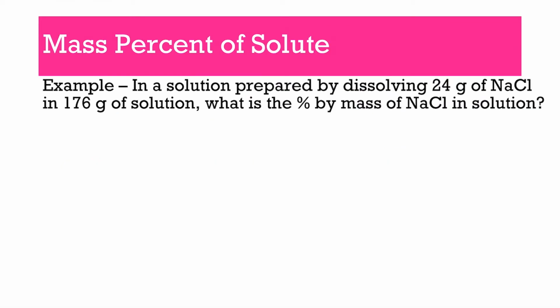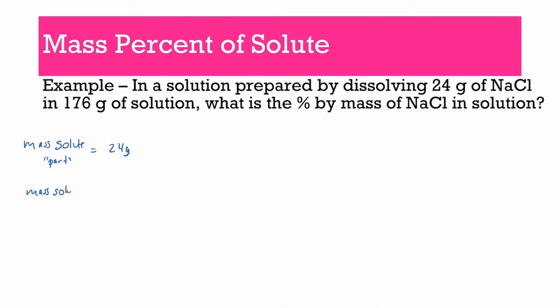So let's do this question. In a solution prepared by dissolving 24 grams of NaCl in 176 grams of solution, what is the percent by mass of NaCl in solution? Our mass of solute, the part, is 24 grams.